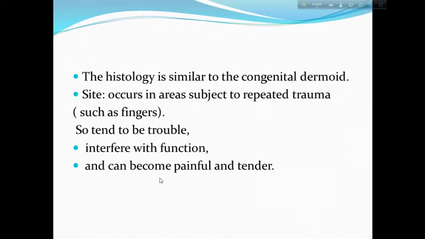The histology is similar to the congenital dermoid. Sites occur in areas subject to repeated trauma, such as the finger, so it tends to be troublesome, interfere with function, and can become painful and tender.